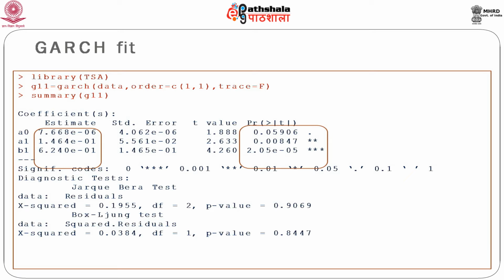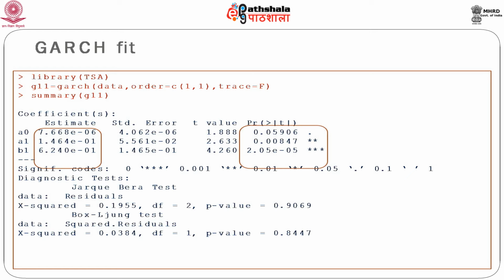Here the Ljung-Box test p-value of the squared residuals is also provided, 0.84, which is not significant. So it is indicating no further autocorrelation is there. So the model is quite good. A GARCH(1,1) model is appropriate for this data.